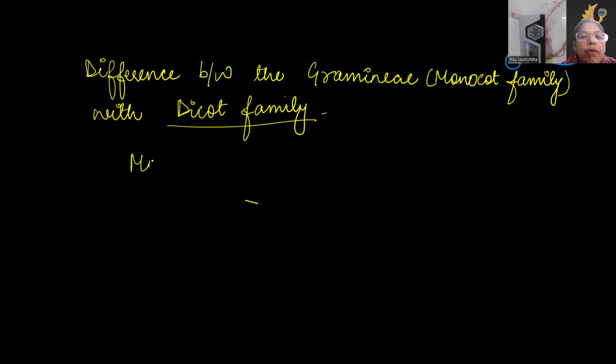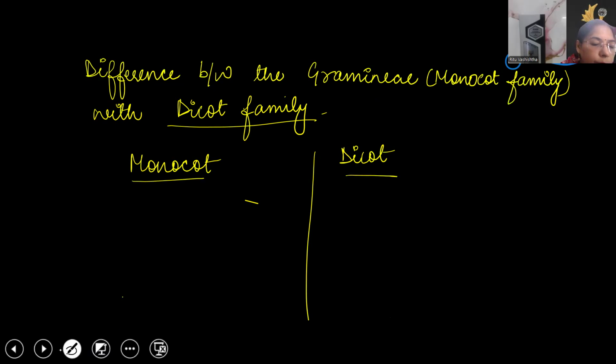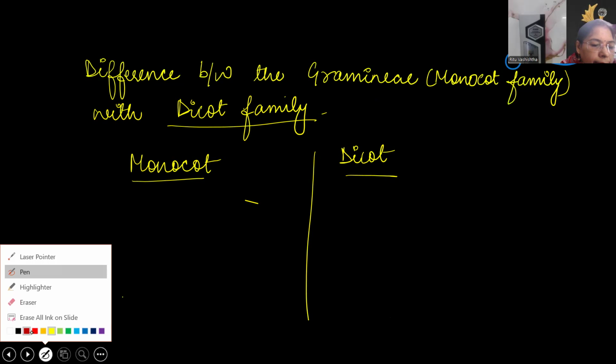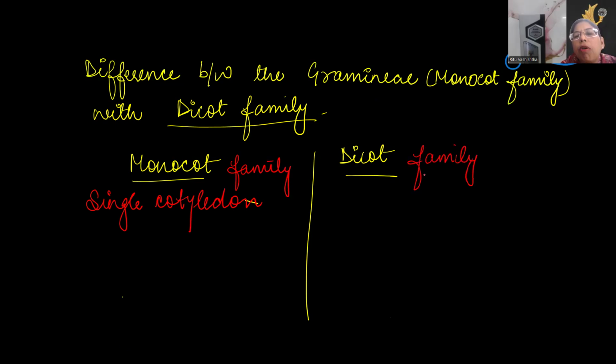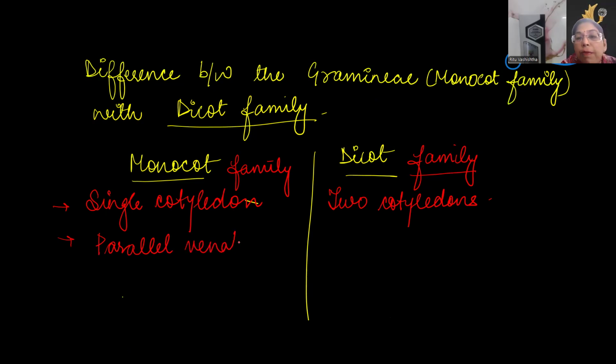So when we talk about the monocot family, we are going to differentiate it. In monocot, we have discussed already in the beginning, I told you that a single cotyledon is present. So monocot family will have how many cotyledons? Single cotyledon. And when we talk about dicot family, there is presence of two cotyledons. We have also discussed that in monocot family, parallel venation is present.